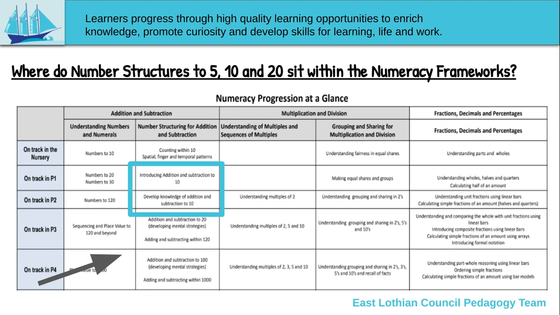Here's the numeracy progression at a glance, and you can see that addition and subtraction to 5 and 10 sits in addition and subtraction under the number structuring for addition and subtraction column in On Track in P1 and On Track in P2.